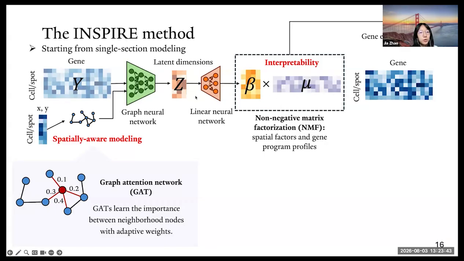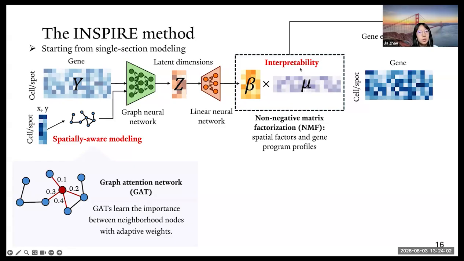Here we use a linear neural network to generate beta, which is the spatial factor matrix with non-negative values, out of the Z. This is then combined with a non-negative loading matrix.